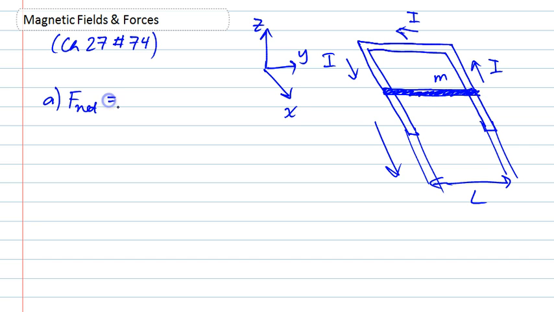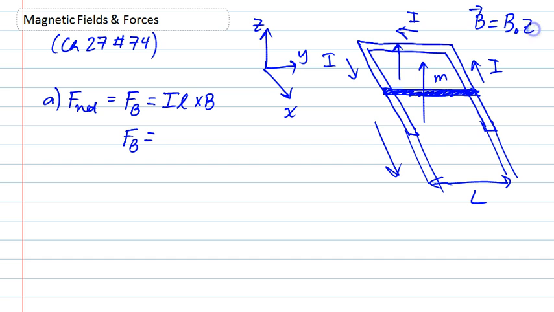The net force is going to come pretty much from the magnetic force, so it's going to be IL cross B. Because we're dealing with a constant field that's directly upwards, in the z direction, we'll just call it some value B naught z hat.